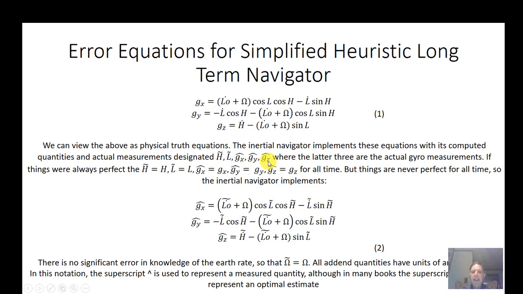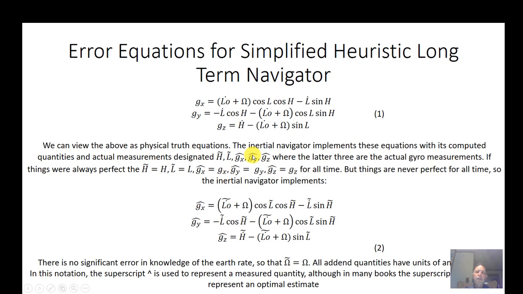So we represent the indicated outputs as H with a tilde on it, L with a tilde, and the gyroscope outputs measured with a circumflex over it. This notation sometimes is not used in books. Sometimes the tilde is used as optimal estimates.